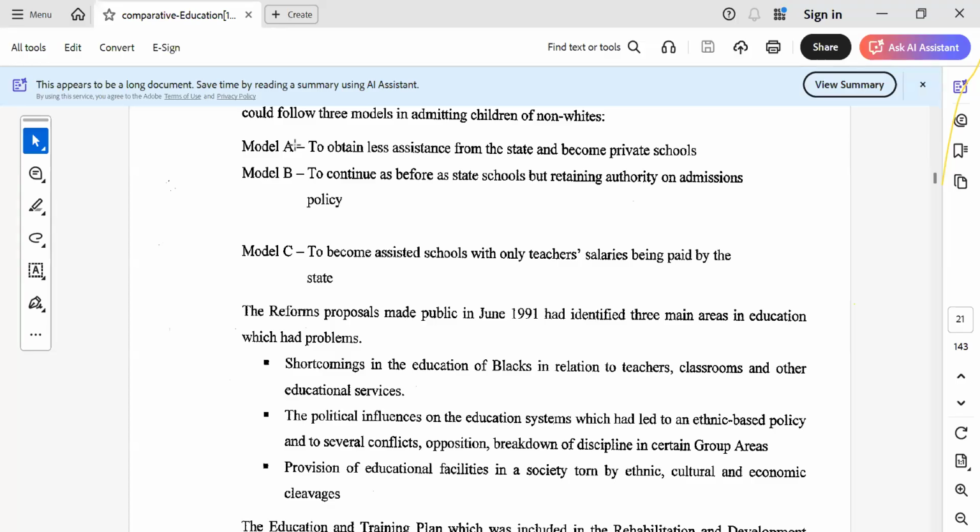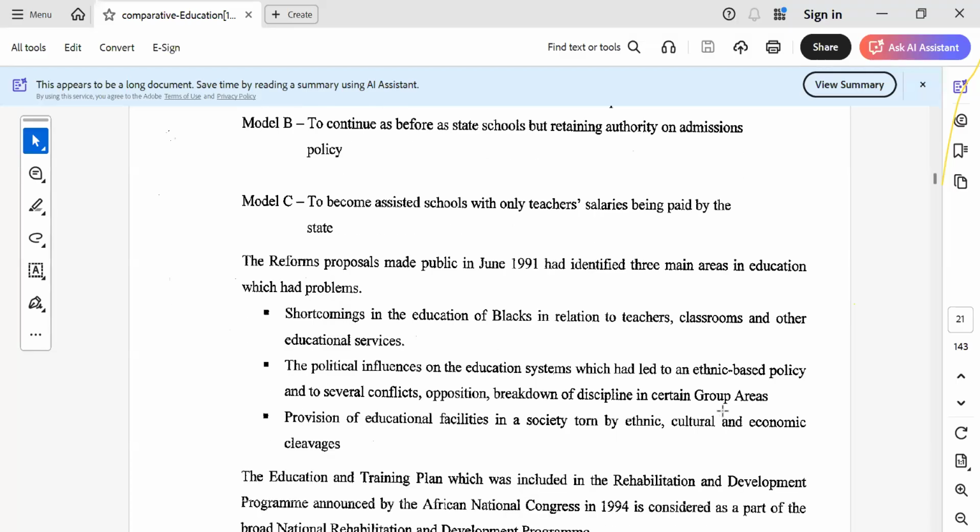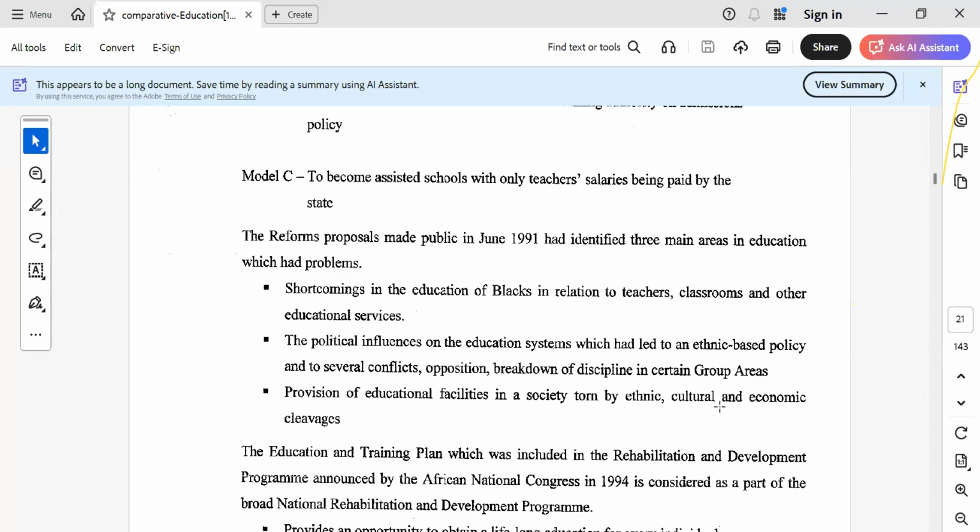These model schools are not much cared about; they got less assistance from the state, right? Second, the political influences on the education system, which had led to ethnic-based policy and several conflicts, opposition, and breakdown of discipline in certain group areas. Third, provision of educational facilities in a society torn by ethnic, cultural, and economic cleavages.